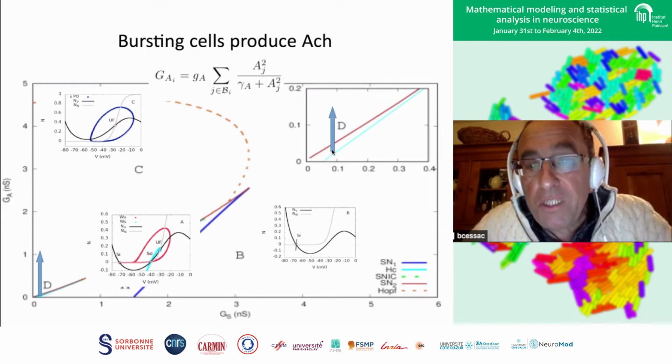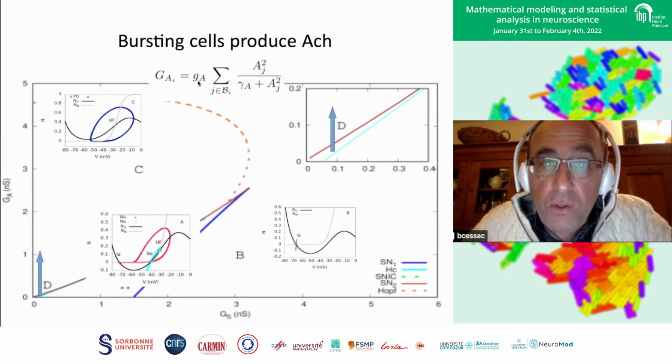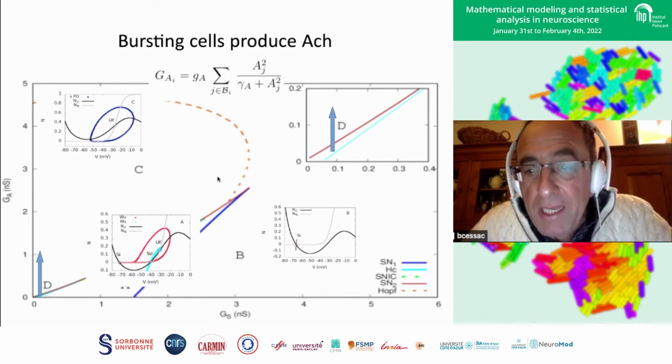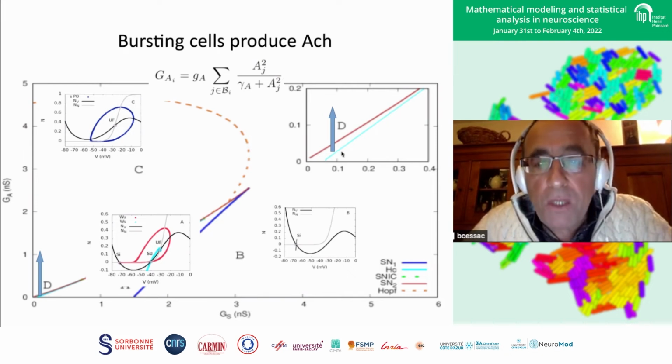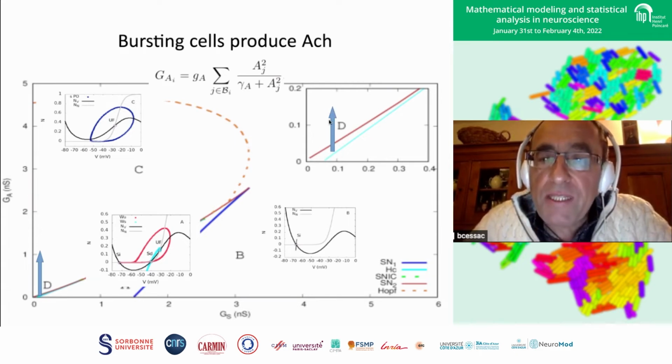So at some point, depending on the value of this parameter, the cell might cross this bifurcation line and enter a region where it starts to burst. So here, before, the bursting was induced by noise; now it's induced by the fact that neighboring cells are bursting themselves.